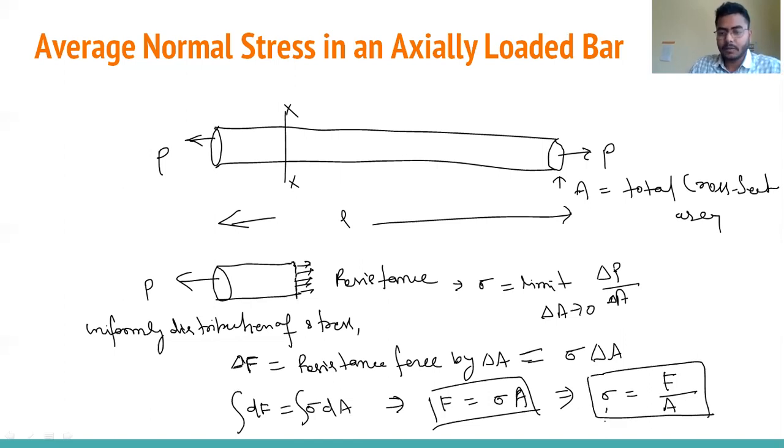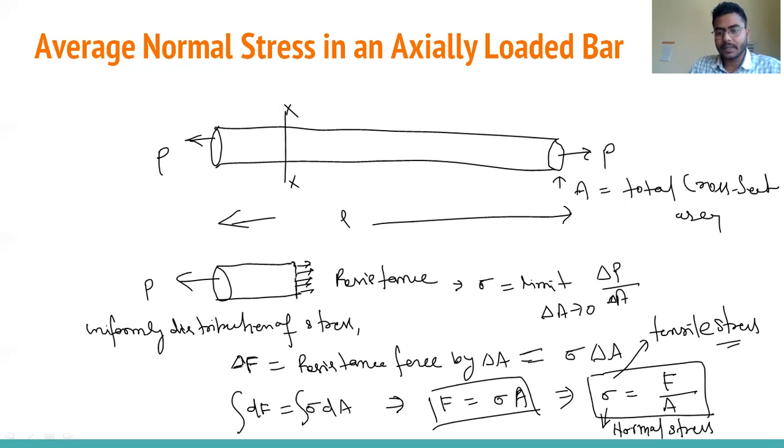Here, this sigma we can also call normal stress, or in particular in this case, we can also call tensile stress. Why? Because you can see in this figure there are two equal and opposite pulling forces acting on this bar. So we can call it tensile stress, that will be F by A, right?